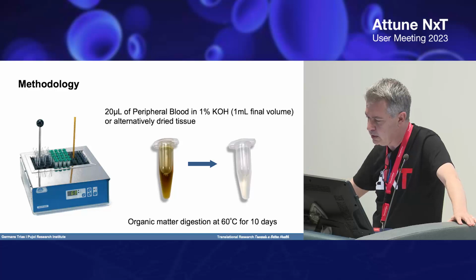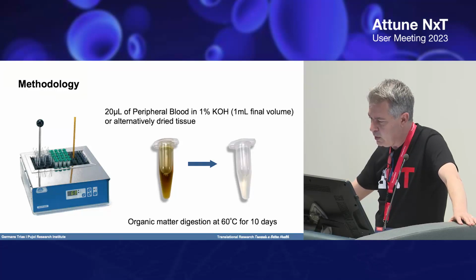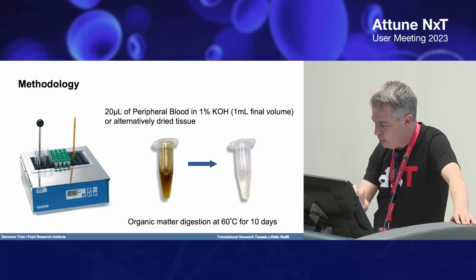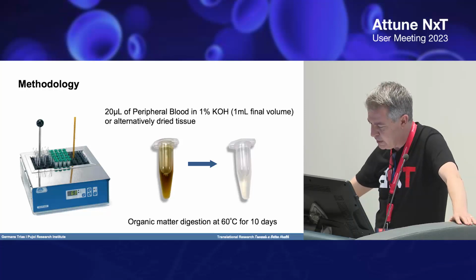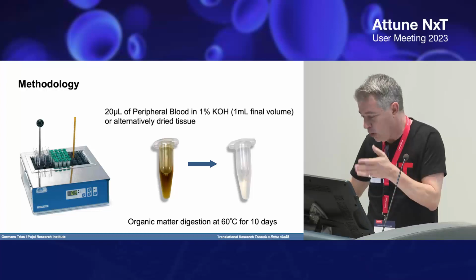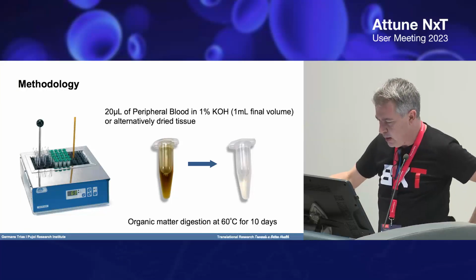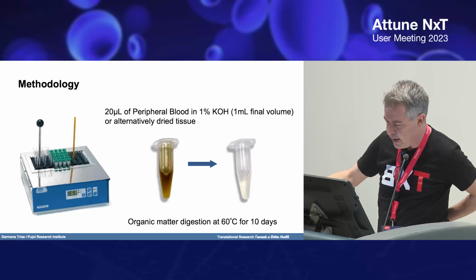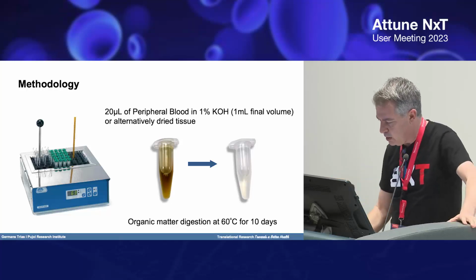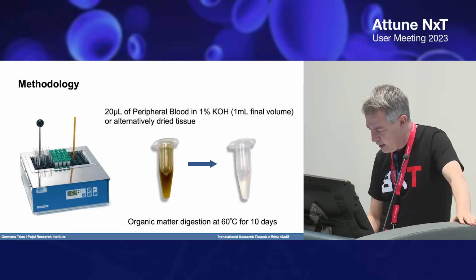Then we achieve a 1 ml final volume, and we degrade the organic matter using this thermoblock at 60 degrees centigrade for 10 days. The original protocol is for 1 day, or overnight, and we decided to extend the time to be sure that we are degrading most of the organic matter in the samples that we are analyzing.